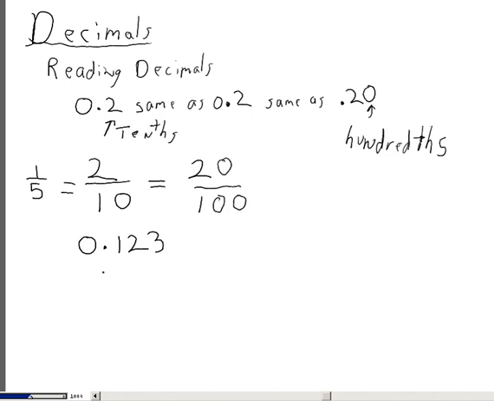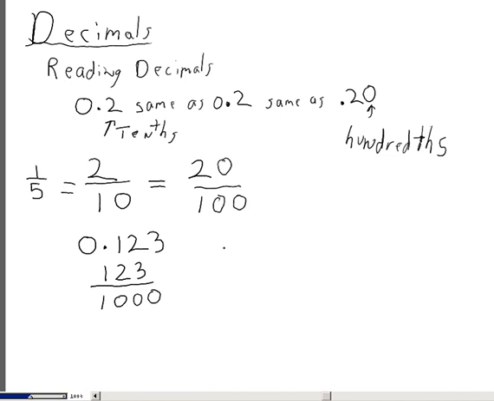So this would really be the same as the fraction 123 thousandths. So that's what fraction that is equal to. Now, the question is, does this reduce? Well, the only numbers that go into 1,000 are 2 and 5, and 2 doesn't go into 123 because it is not an even number, and 5 doesn't go into 123 because it doesn't end with a 5 or a 0, so this does not reduce any further.